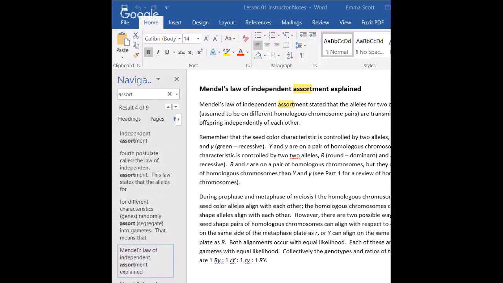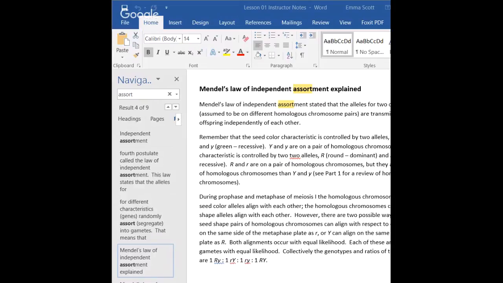So if we go back to part A, all we have to do is diagram the different positions these can be in to come up with these different combinations. So we're looking at metaphase 1. So it hasn't divided yet, it's just lined up on the plate, which helps us know how to arrange our chromosomes.